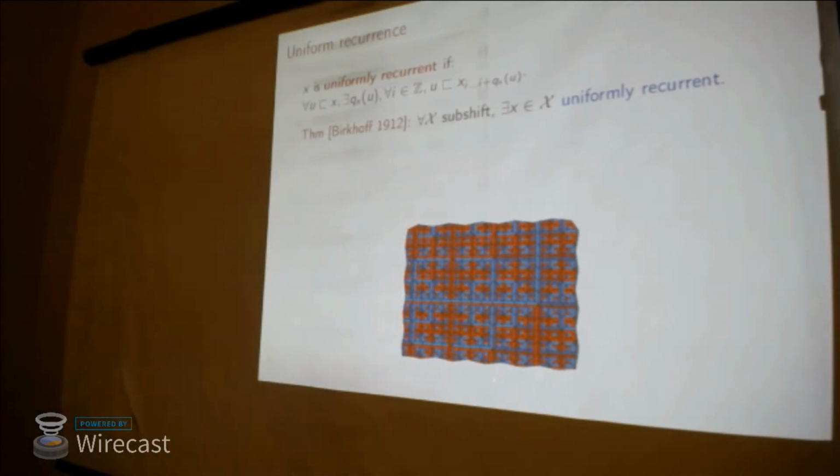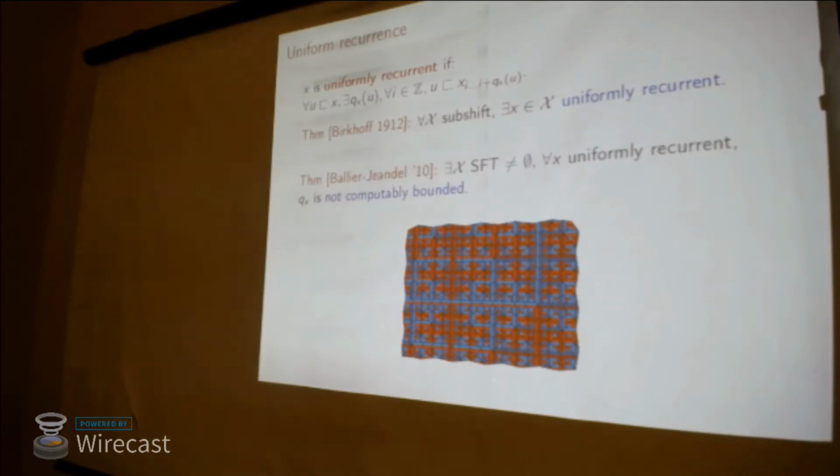So it's not far from periodicity, but it's not as regular. And there is a classical theorem in dynamical systems which says that you always have a uniformly recurrent configuration. It can be periodic, but if you are aperiodic, it's not. In these aperiodic tilings, for example, they are uniformly recurrent.